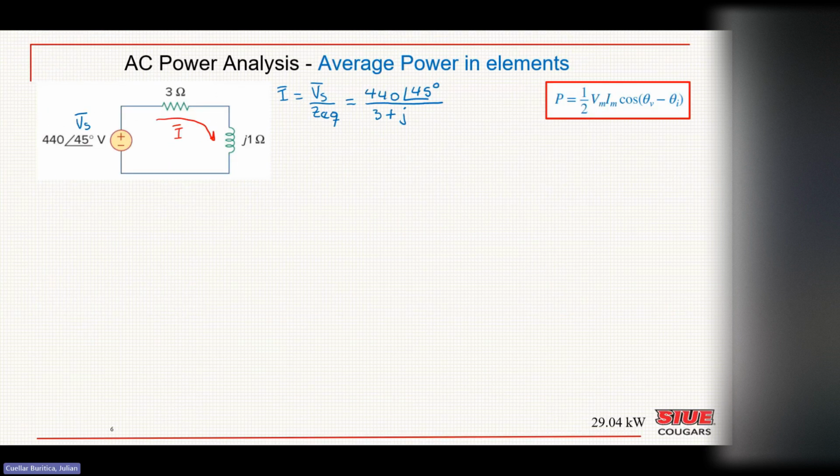Now we need to plug those values on our calculators. Okay, let's use MATLAB.